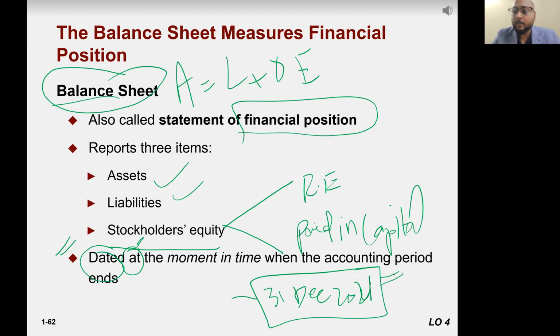If you are right now in September 2022 and you believe these facts and figures, you may be wrong, because during that period of 9 months, anything can happen, or even the next day anything can happen. So this is also called the snapshot or financial picture on a specific day.